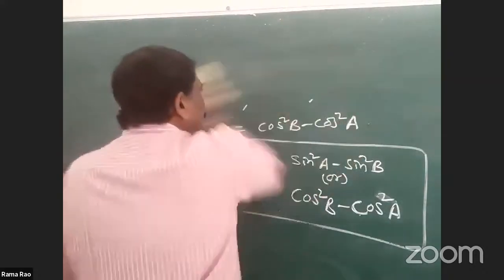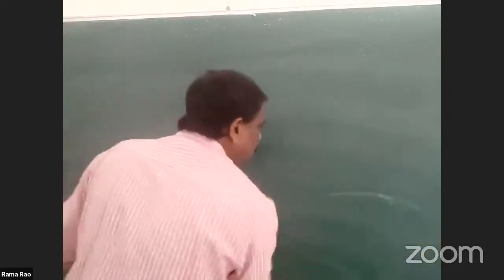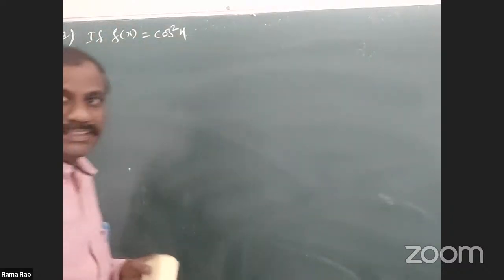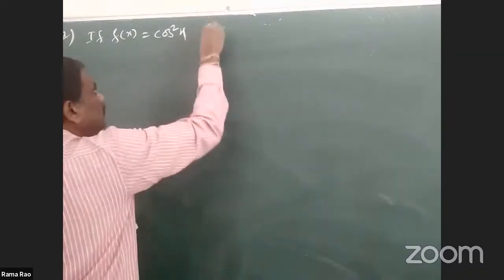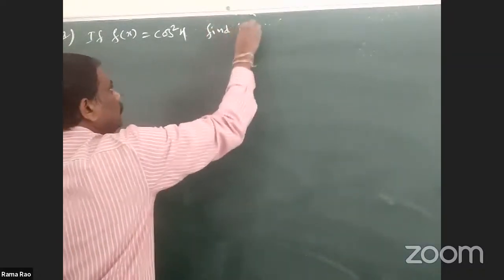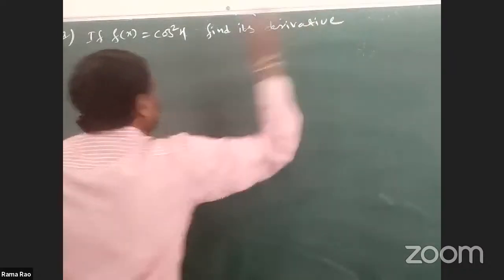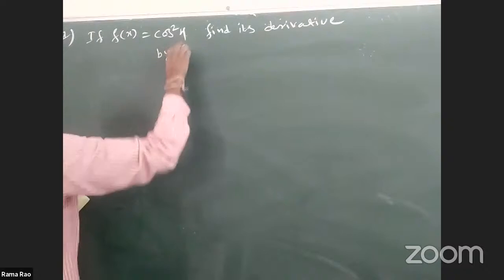Now, second: if f of x is equal to cos square x, find its derivative by first principle.